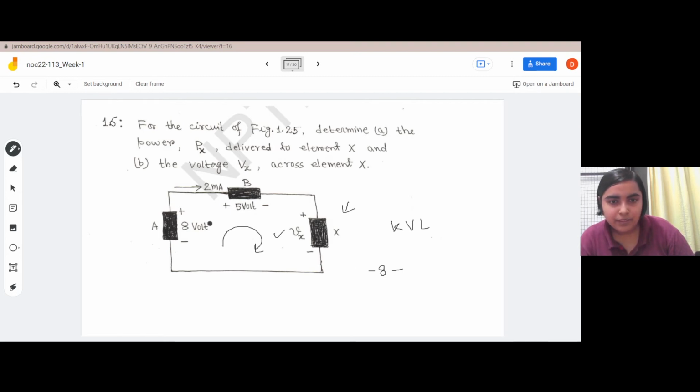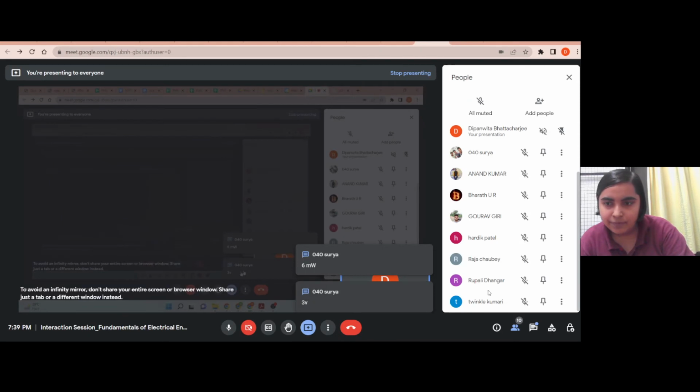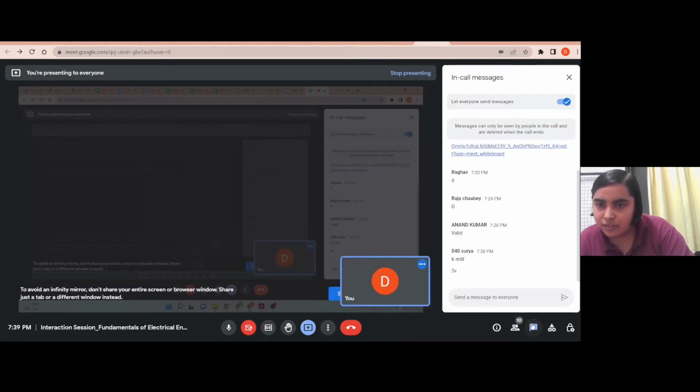Then again you're entering the positive terminal, so it is +5. And this is again the positive terminal, so plus Vx equal to 0. So Vx will be equal to 3, right? Yes, you're right.